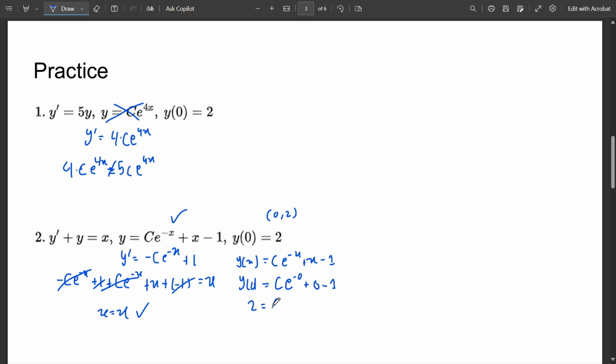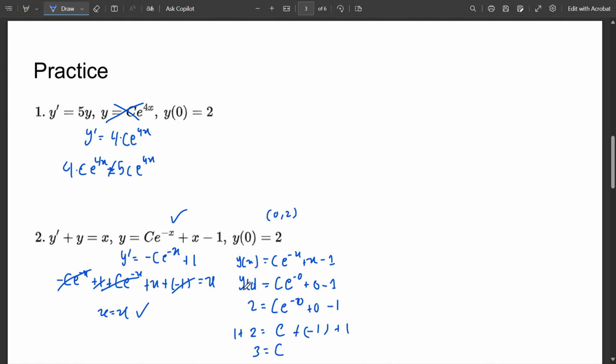So 2 equals c e to the negative 0 plus 0 minus 1. And we know that e to the negative 0 is just 1 over e to the 0, which is just 1. So we have c plus 0 minus 1 equals 2. And we have c equals 3. We add 1 to both sides, right?